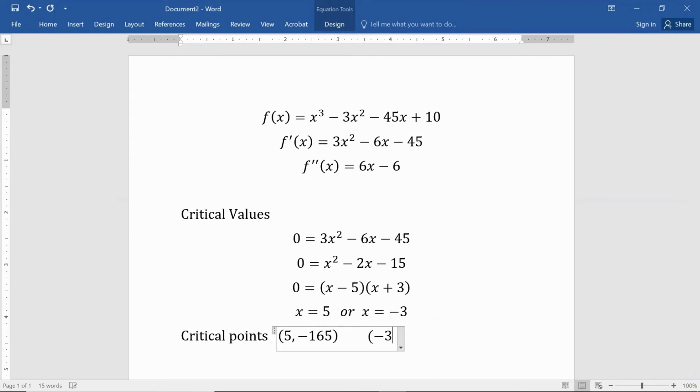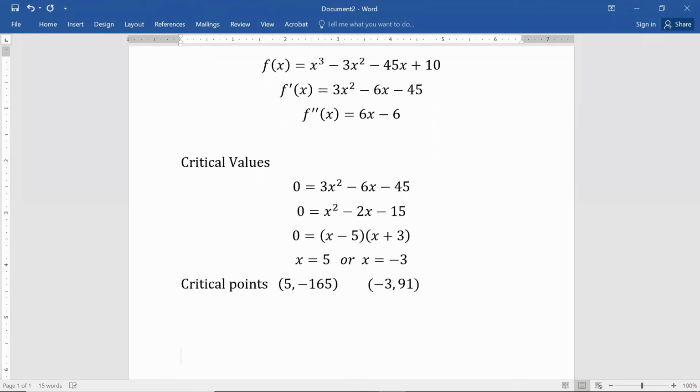My critical point with x value negative 3, when I plugged that into my original function, I got an output of 91. Therefore, negative 3 comma 91 would be the critical point with x value of negative 3.